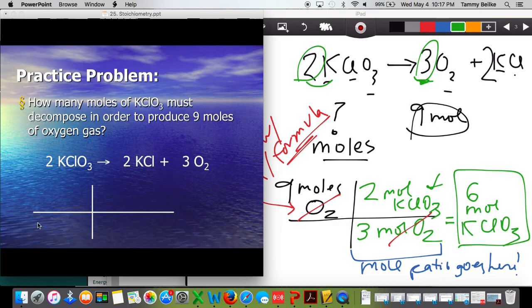So we set up our factor label method with only one section for a conversion factor. Only one conversion factor is required. We put our 9 moles on the top left. We put in our mole ratio so that moles of oxygen canceled out. And we solve for 6 moles of KClO3. Sig figs, we start with 1, we end with 1. So whenever we're going from moles to moles, we use the mole ratio, and that is it.